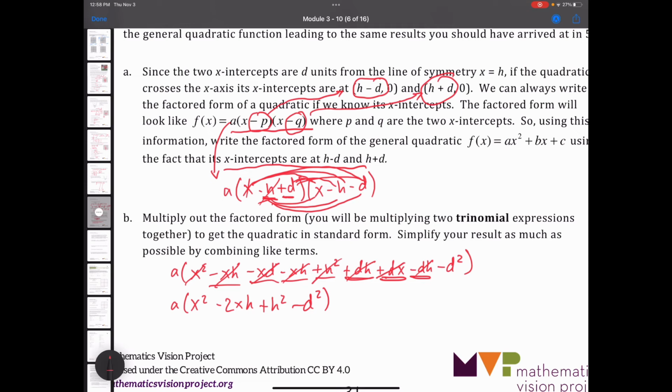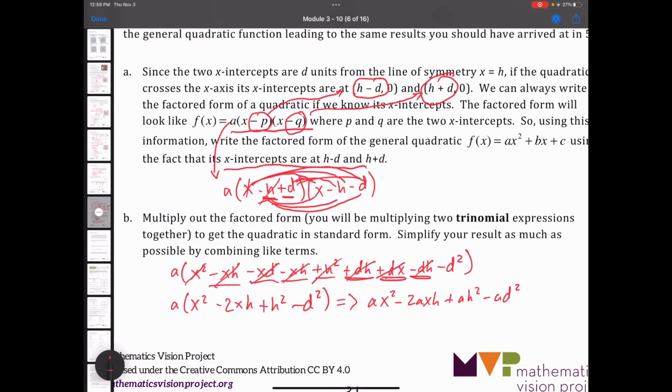And now I want to think about if I can write this in any other way. So I actually am going to multiply this a through now because I want it to look a little bit more like the ax squared plus bx plus c. So I'm going to multiply that through and say ax squared minus 2axh plus ah squared minus ad squared.